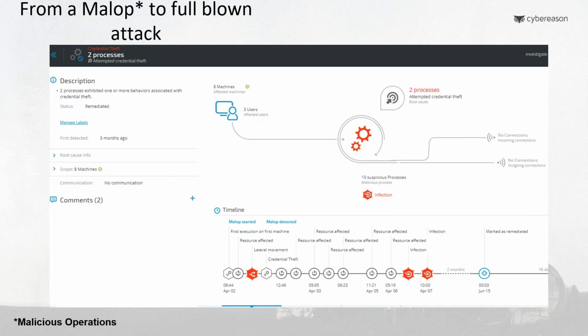As you can see at the top of the screenshot, the Malop is credential theft, which means that our system has identified that there was a behavior indicating some program, some process trying to dump and steal credentials.